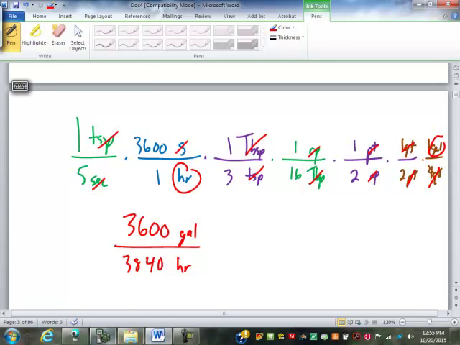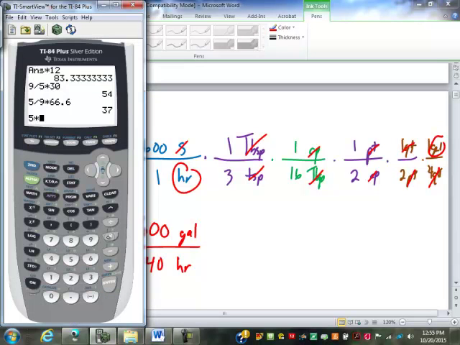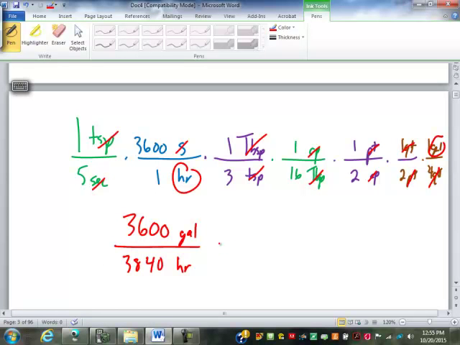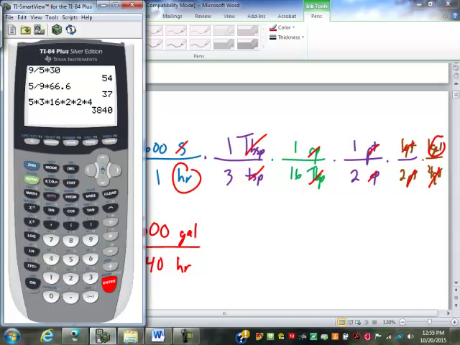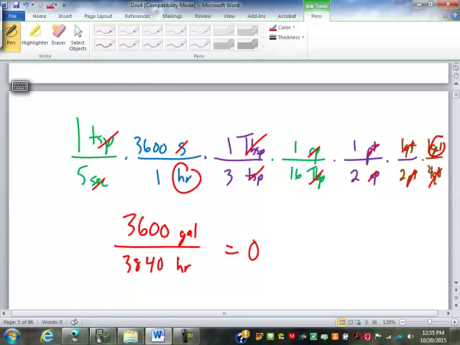Wait, 1 gallon is 4 what? 5 times 3 times 16 times 2 times 2 times 4. 3840. So we're good there. So 3,600 divided by the 3840 divides into 0.9375 gallons per hour.